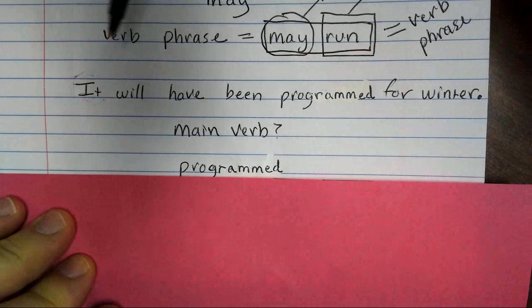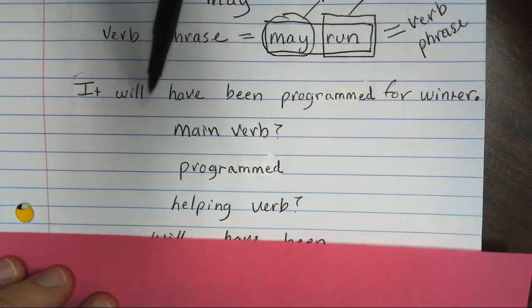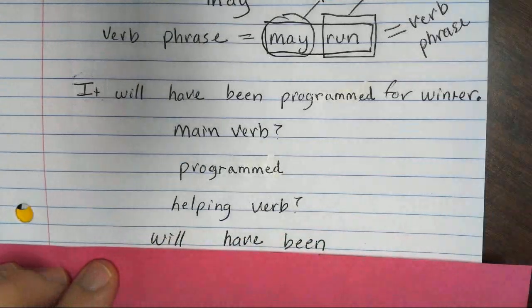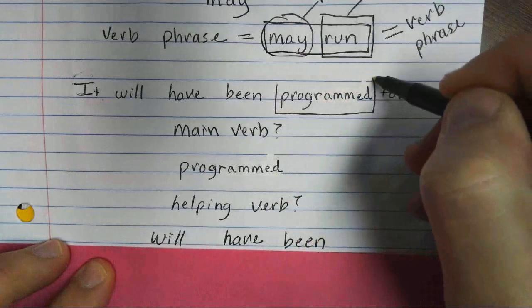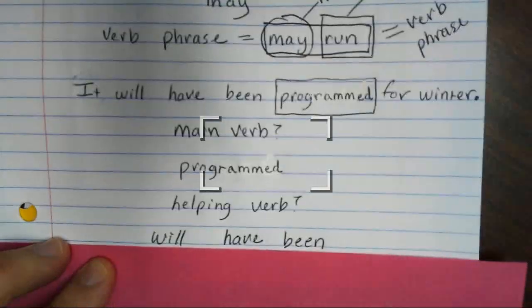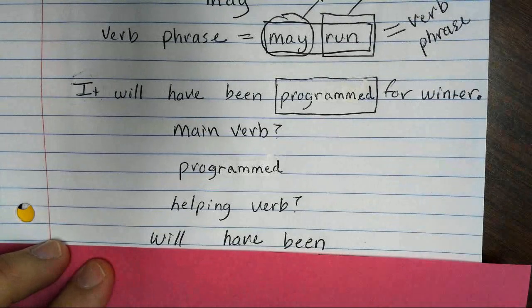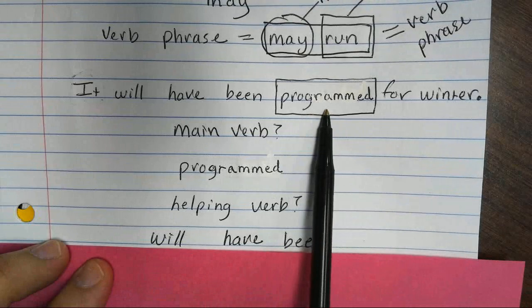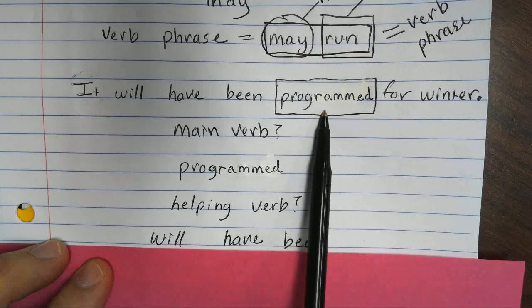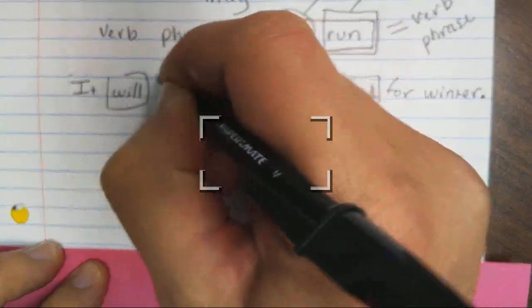But you should have also noticed that we have three helping verbs, which will end up being will, have, been. Right? Here's our main verb. And then the words that help specify when the main verb happens: will, have, been.